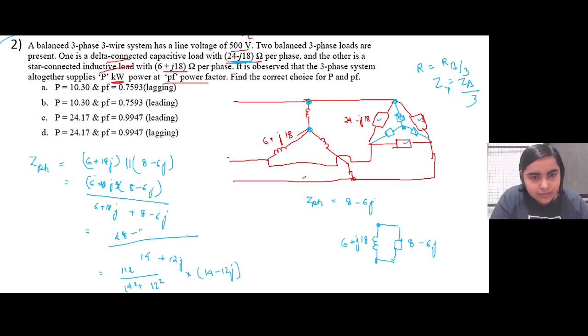So it will be 48 minus 36j plus 8 into 18, 144j. Then j square will be negative, and this is one negative, so it will be plus 18 into 6, so 108, plus 48, so it is 156.